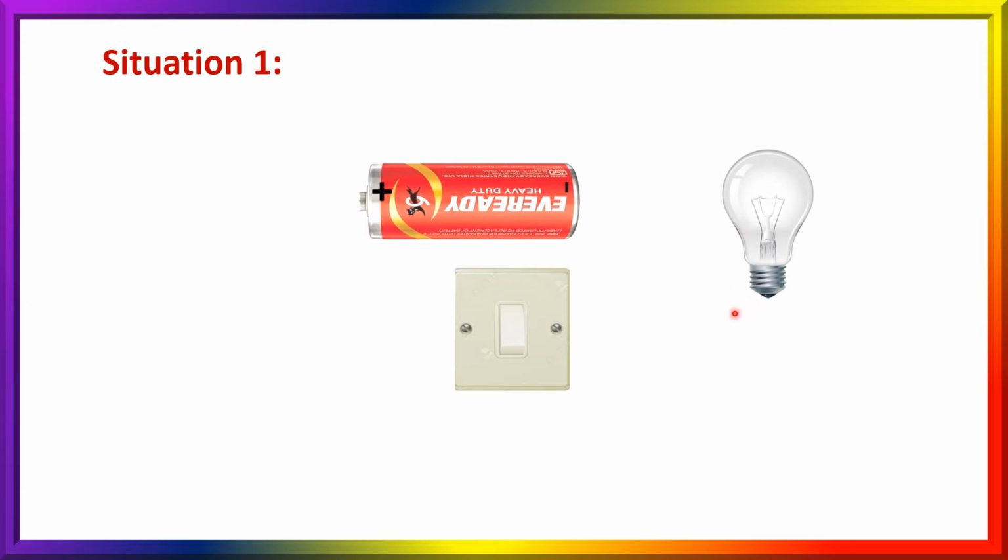Now I am going to connect the copper wires to the terminals of this battery. The battery has two terminals, positive and negative terminal. I am going to connect the two ends of the copper wire to the terminals of this battery through switch and bulb, like this. See here.